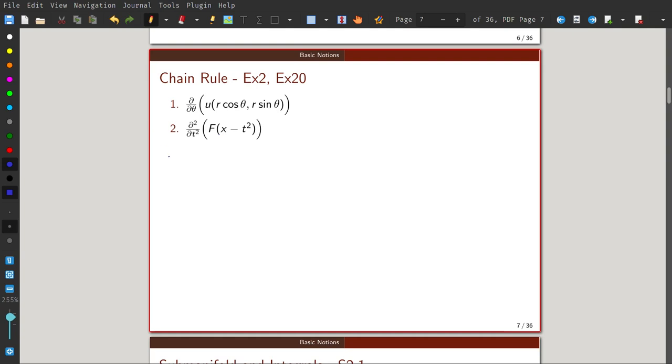So the chain rule, as you might know it from analysis 2, says that the derivative of the composite of two functions at some point x is the derivative of f at g of x composed with the derivative of g at x.